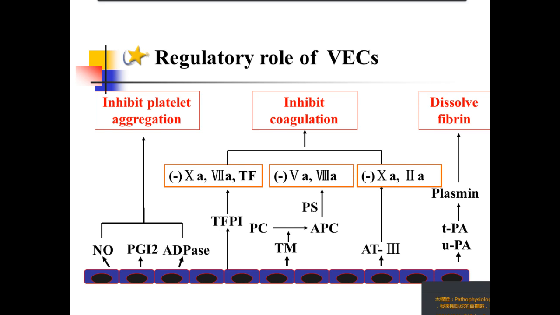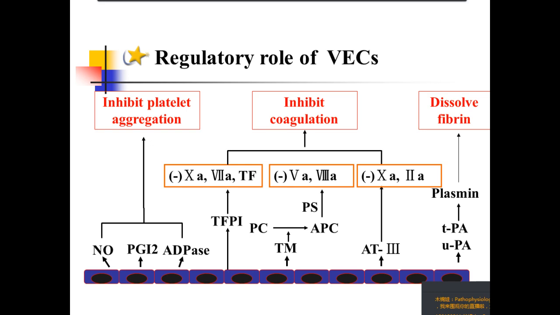Why? The anticoagulation function includes three: first, inhibit platelet aggregation; second, inhibit coagulation; third, dissolve fibrin. So do the three functions belong to coagulation or anticoagulation?